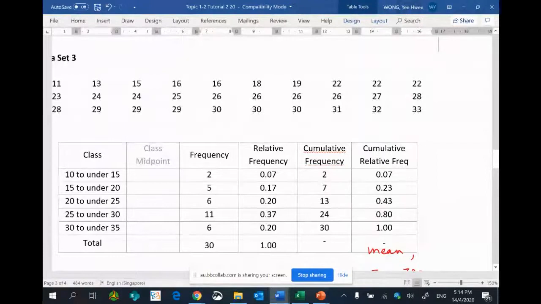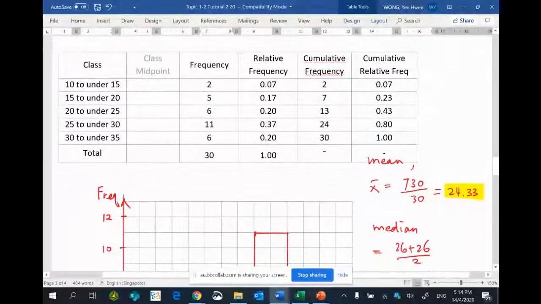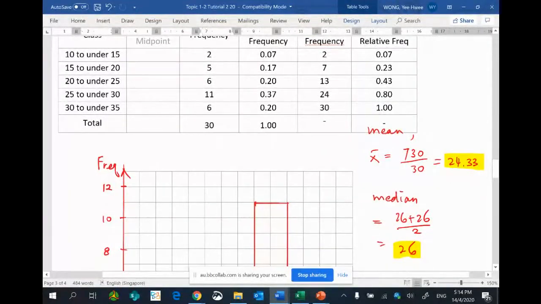Make sure your frequency is correct, otherwise your graph will be wrong. Then we'll move on to finding the mean and standard deviation. Oh no, mean and median, right?